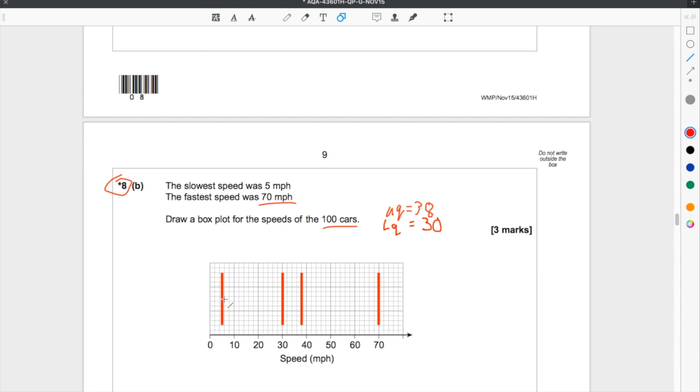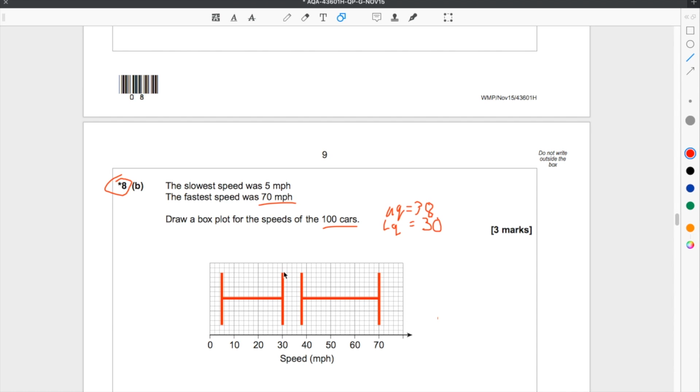And all we do now is we draw a line. Let's move that back. There we go. We draw a line from there to there, and a line from there to there.